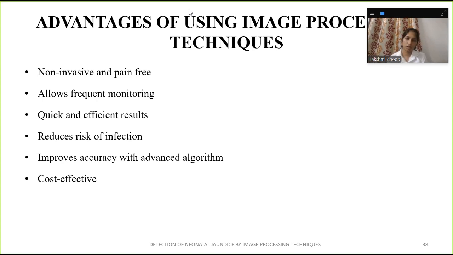They provide accurate results, and apart from using the blood test, we can perform image processing techniques, which reduces the risk of infection, and it also improves accuracy with advanced algorithms. As we are using different types of advanced algorithms, the accuracy of the result will increase, and it is also a cost effective method compared to other methods, that is the transcutaneous bilirubinometer.